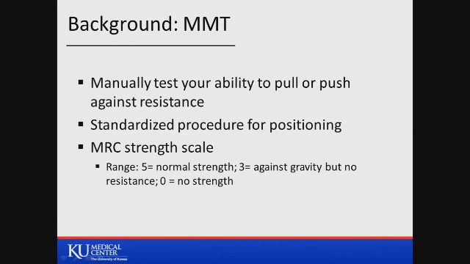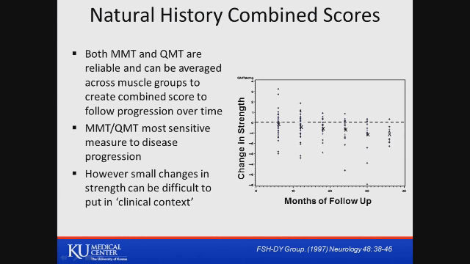Manual muscle testing, on the other hand, tests your ability to pull or push against an evaluator who's been trained in standardized positions and procedures and in using a standard strength scale that ranges from normal strength to no strength at all, where somewhere in the middle is the ability to contract that muscle against gravity but not against resistance. Both of these methods have proven to be reliable.